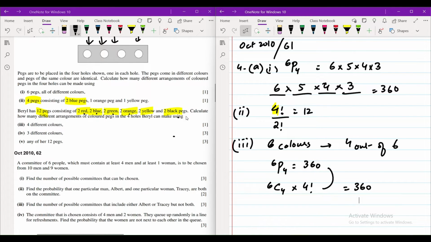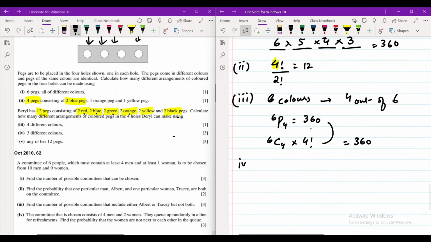Now we need to calculate how many different arrangements of the colored pegs that the 4 hole barrel can make using 3 different colors. Before we had 4 different colors, now we need 3 different colors. Now we have a complication over here because 3 different colors means 2 pegs will be duplicate at least.